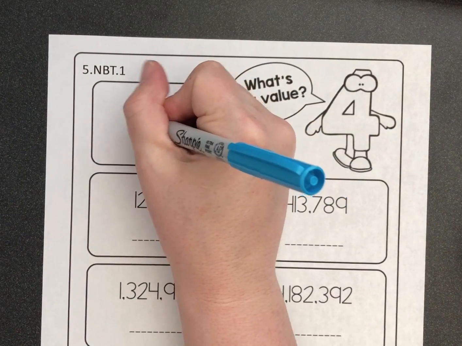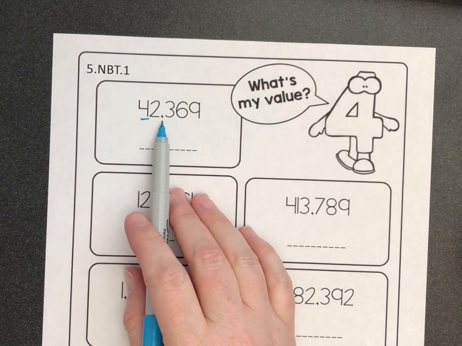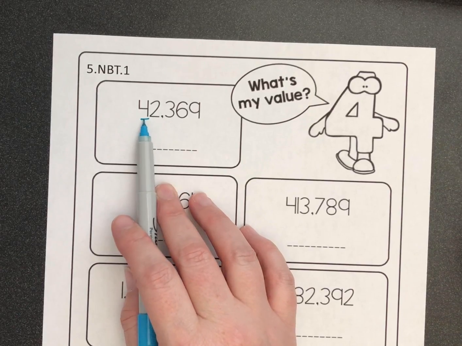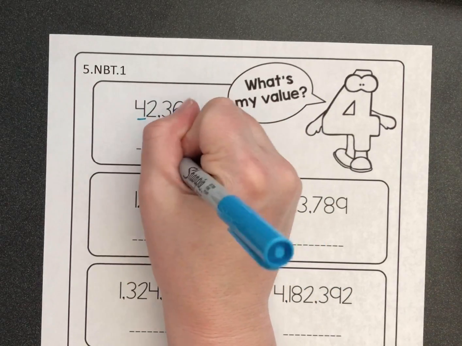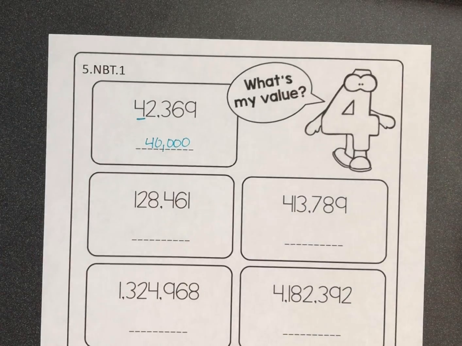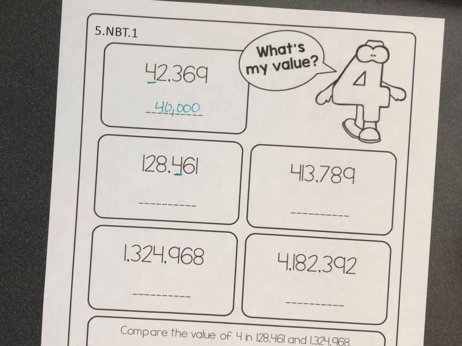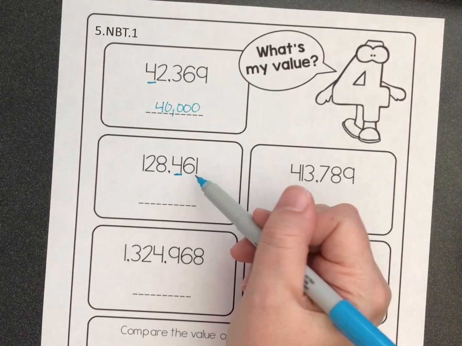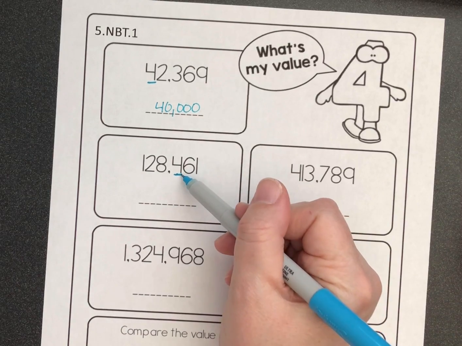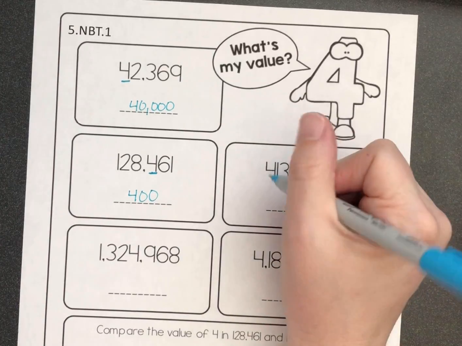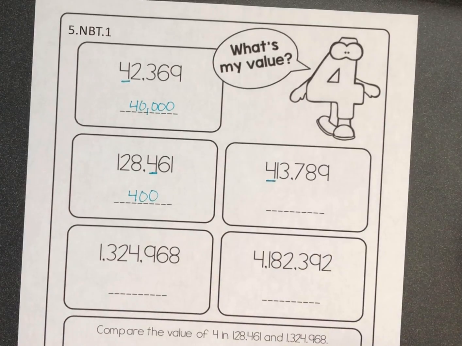So here's my 4. Here's the beginning of my thousands period, so 1,000, 10,000, so we have 40,000. And then here is our 4. What's the value of this 4? Well, we have ones, tens, hundreds. This is 400. Here's my 4 in this number.